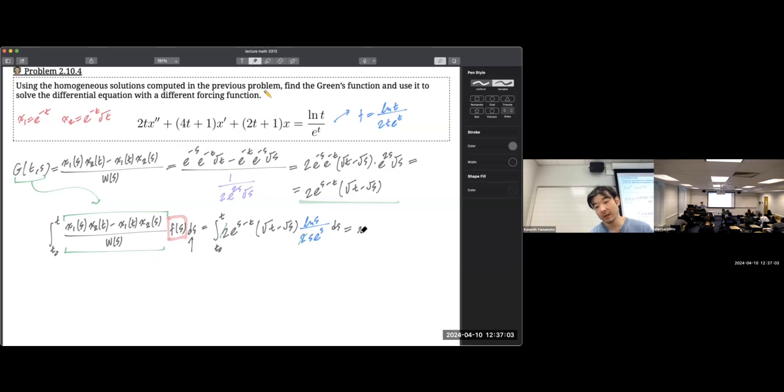So e to the negative t can come out. You'll have the integral from t naught to t of, sorry, I forgot to put a square root of s. This square root of s here should have still been here. So I do have a factor of square root of s.